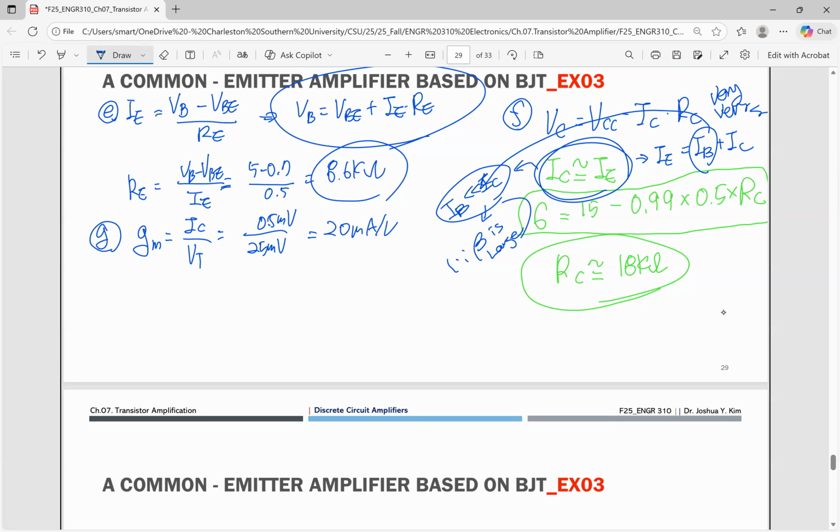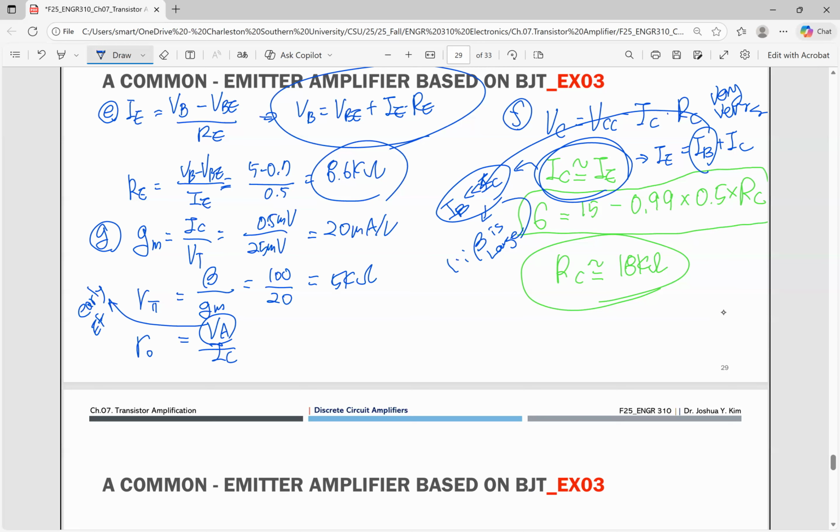And R sub pi is also beta over G sub m, 100 divided by 20, 5 kilo ohm. Now, R sub 0 is V sub A over I sub C. What is V sub A? The V sub A is the Early effect voltage.